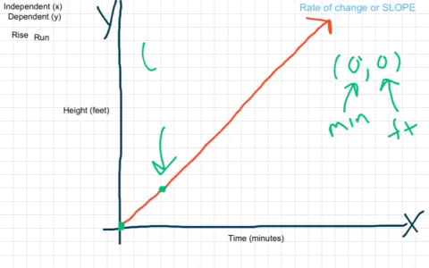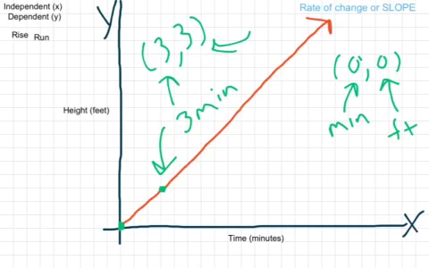So, at 3 minutes, the squirrel has gone 3 feet. Okay? So 0, 0 and 3, 3. Now I'm going to erase some of my writing here so I've got some more room.